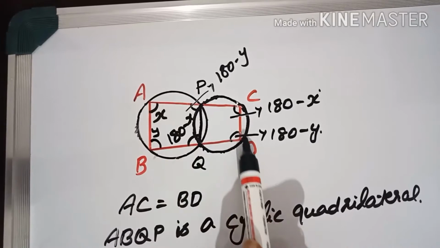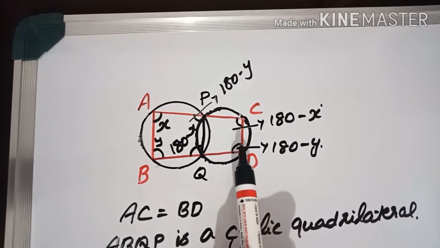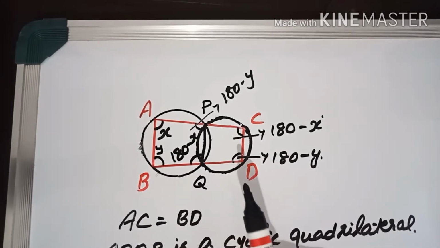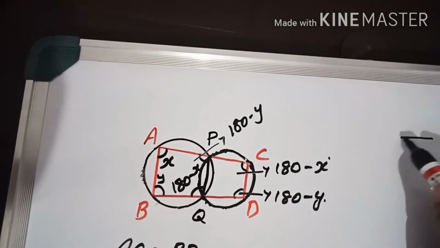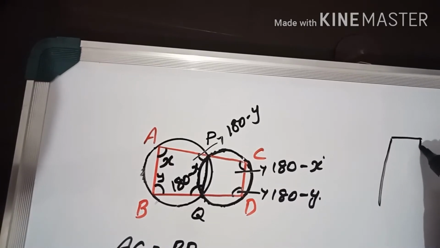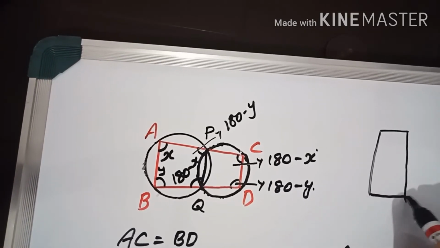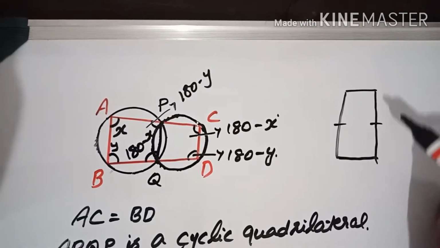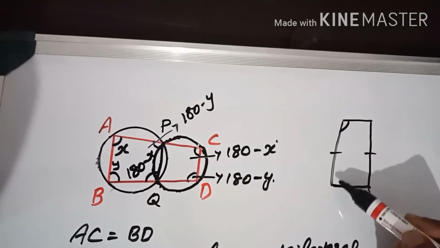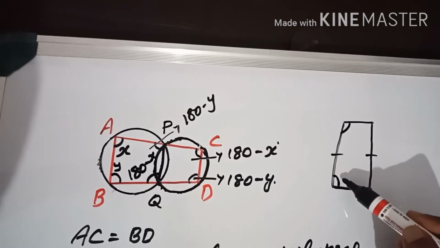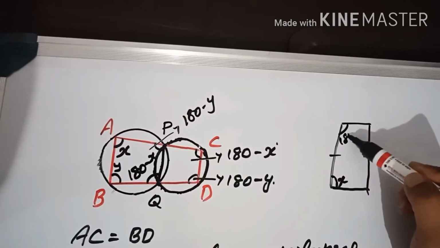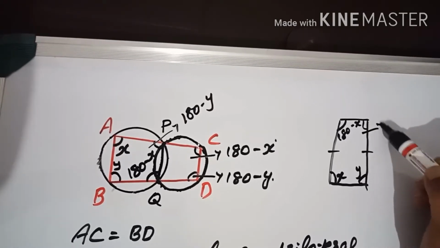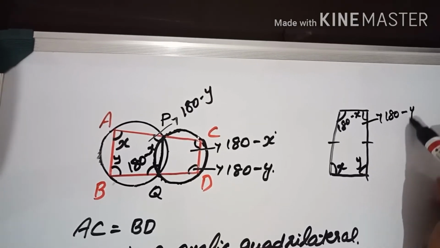But when you consider this figure, you can see that side AC and side BD are equal, like this. So here these two are equal sides, and on one side the angles are x degrees and 180 minus x degrees, on the other y degrees and 180 minus y degrees.